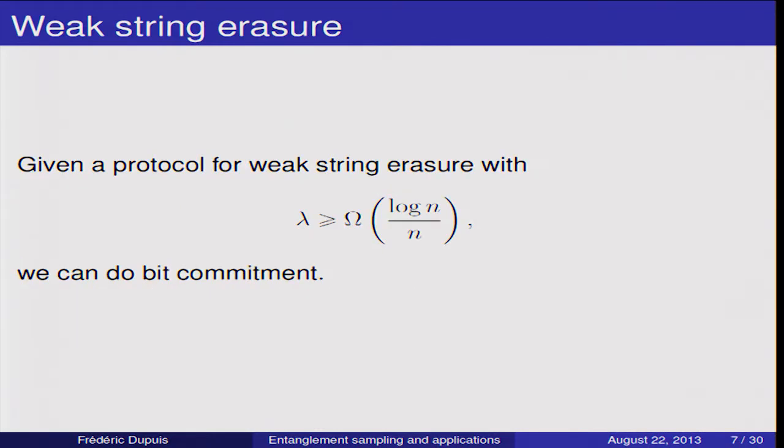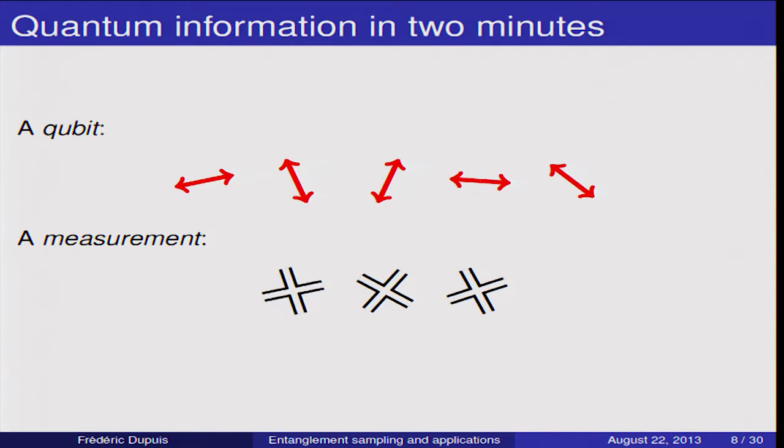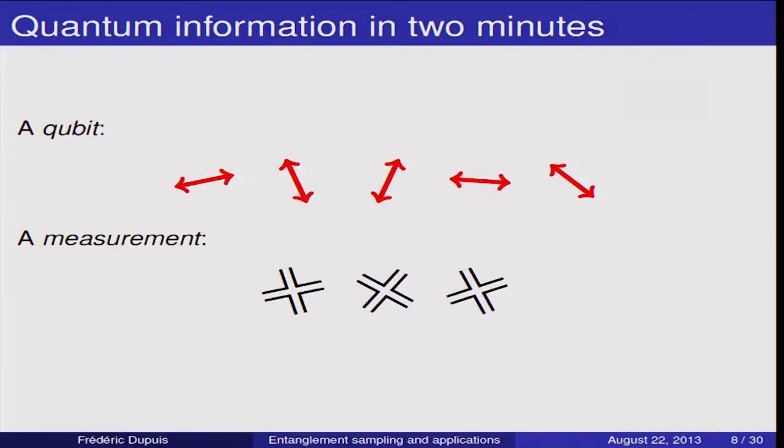So before getting into the actual protocol, I'd like to take 2 minutes to explain all you need to know about quantum information just to see why the protocol might work. So first of all, a qubit, that's the quantum analog of a bit. Well, you can think of it as a photon that is polarized at any angle. So just think of it as an angle like this here.